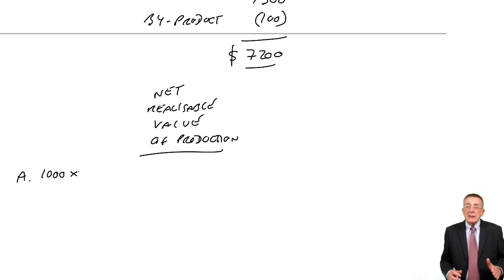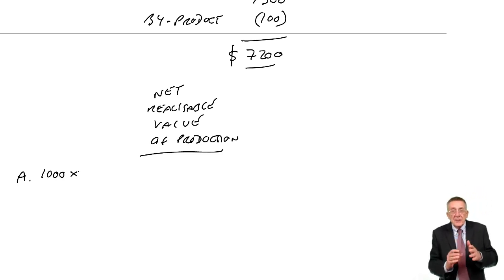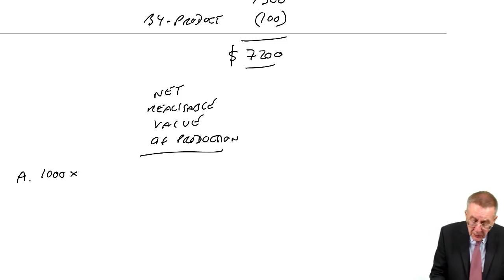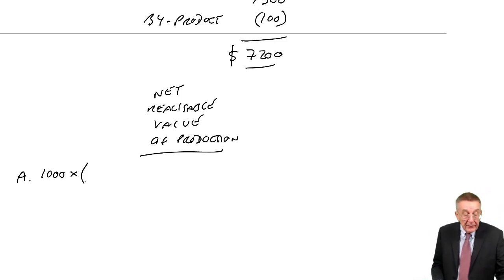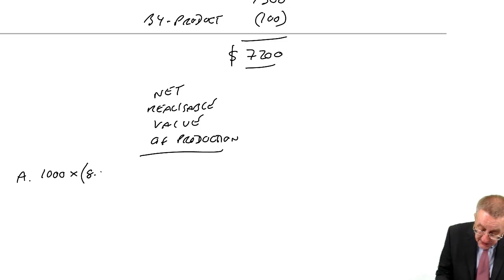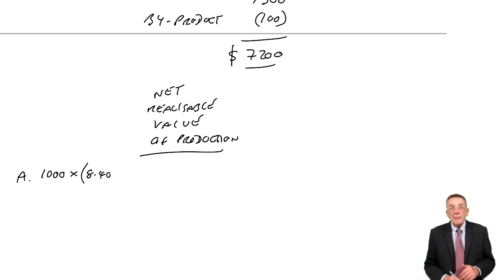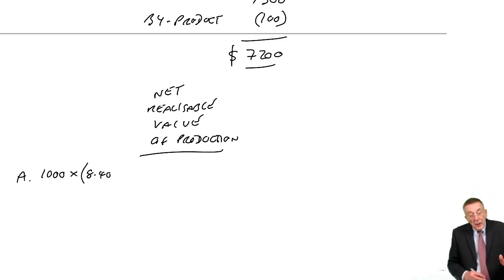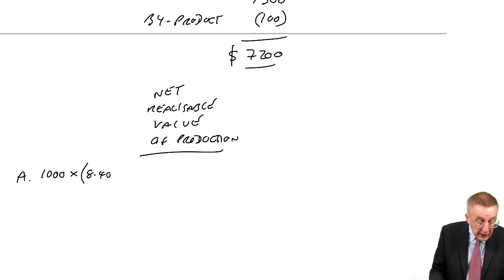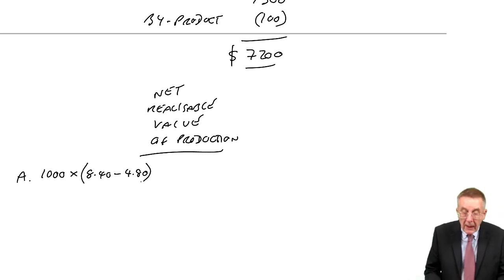We need its market value when it actually comes out of the process. All we do, we say its final value is 840, the selling price. But we can't sell it until we've put it in a bottle, and the bottle, the further processing, cost 480.